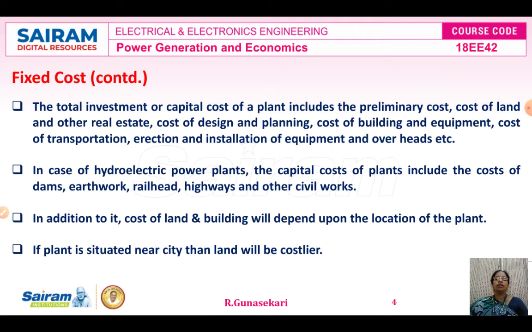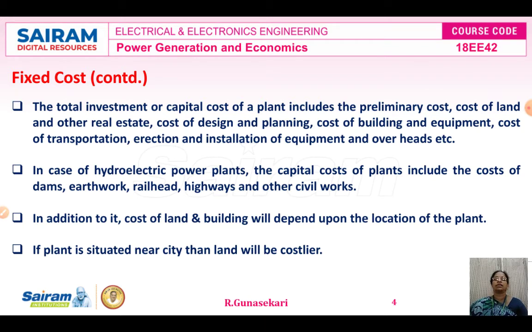The total investment or the capital cost of the power plant includes the preliminary cost, cost of the land and other real estate, cost of design and planning, cost of the building and the equipment, transportation cost, erection and installation of equipment cost, and the overhead cost.